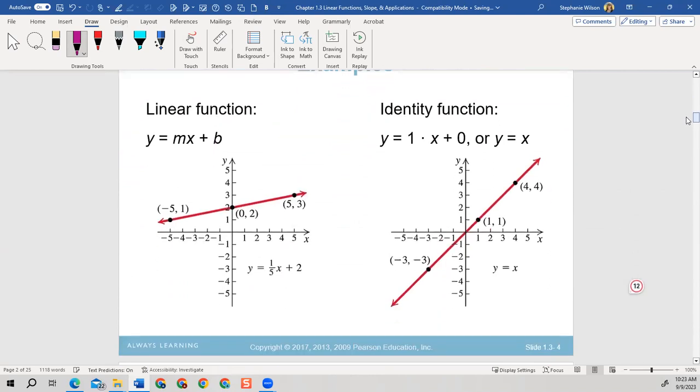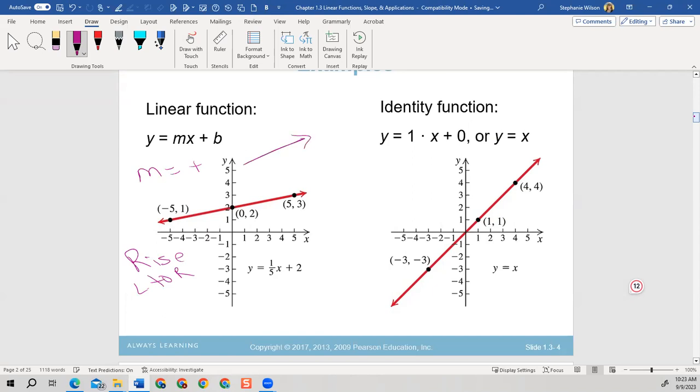So now this is giving us an example of my linear function. It's a straight line. In this case, it's rising. It rises left to right. So this means that my slope is a positive value because it's rising. If it rises left to right, it's positive.